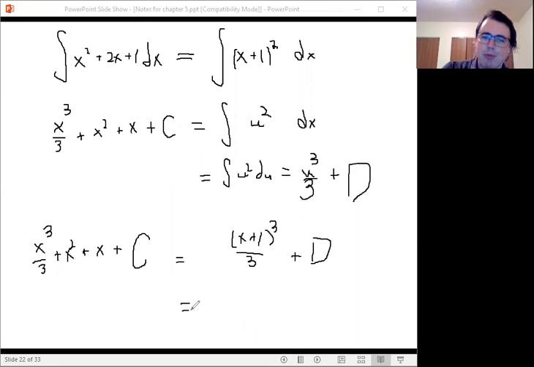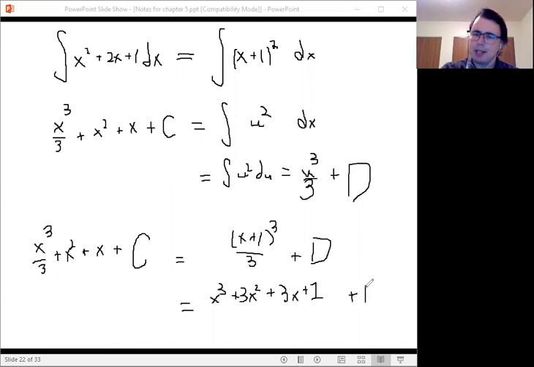So when I perform this cubing, I'm going to get x cubed. When I FOIL it out, there's 3 different ways I can get x squared, so I've got plus 3x squared. There's 3 different ways I can get x, so there's 3 times x. And then there's 1 way I can multiply out and get a 1. All plus my constant. And yes, everything here has to be divided by 3.